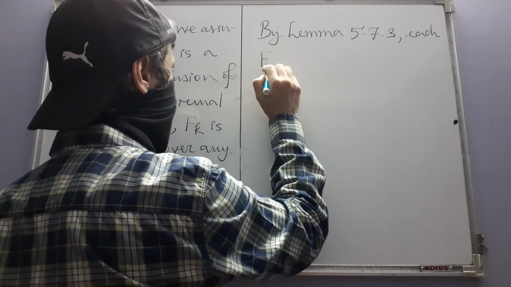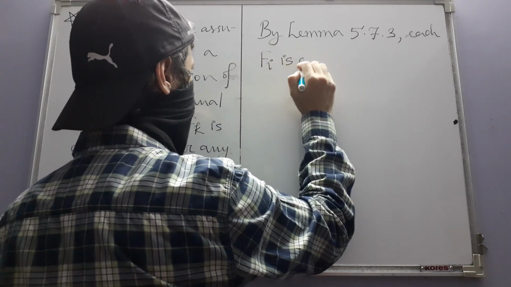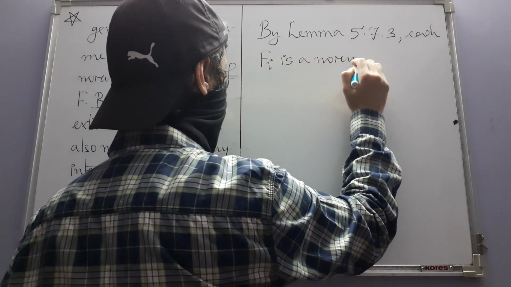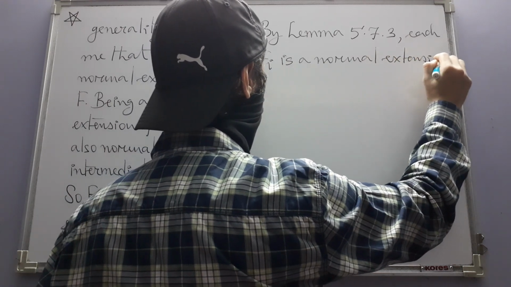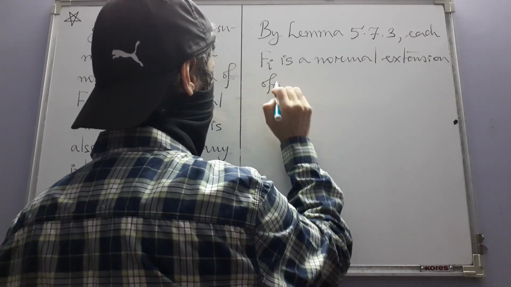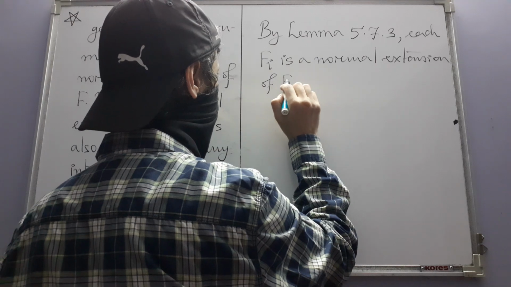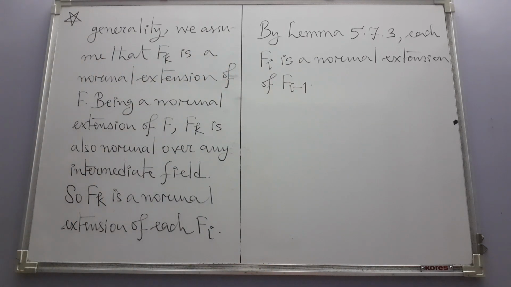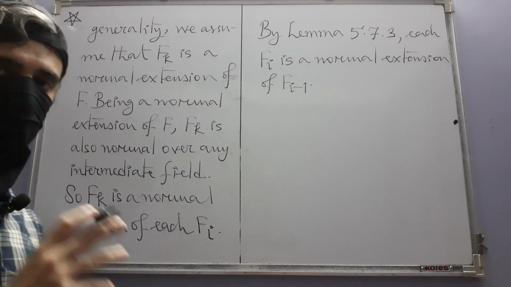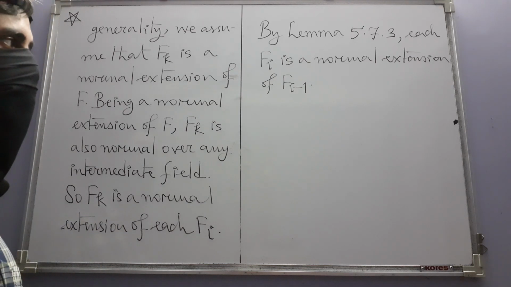Each Fi is a normal extension of Fi minus 1. For this, we have to recall lemma 5.7.3.